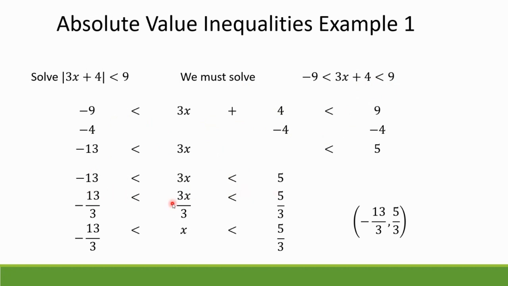And that gives us x in the middle, greater than -13 over 3, less than 5/3. Notice here we have strict inequality, so our solution set will be an interval, but we're going to have parentheses, not square brackets, as you can see. So -13 over 3, 5 over 3.